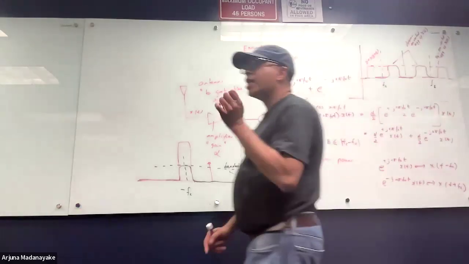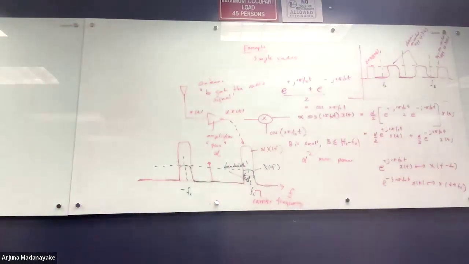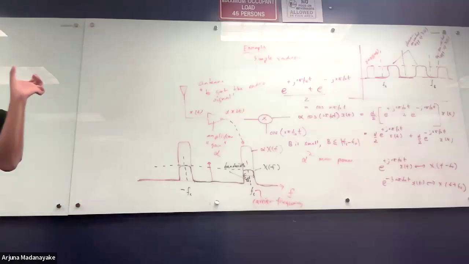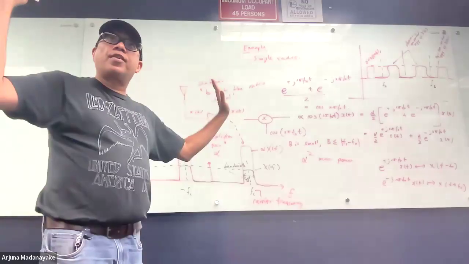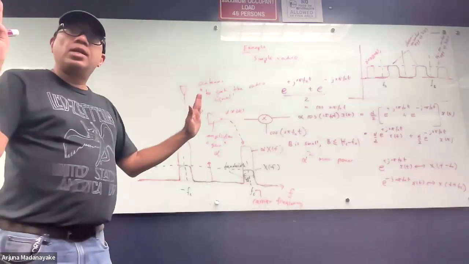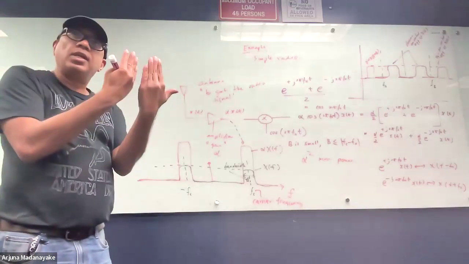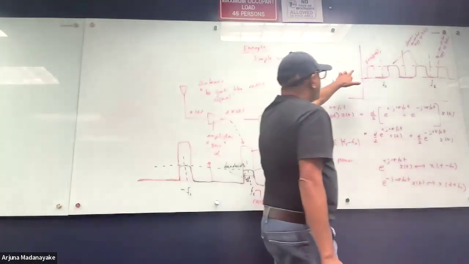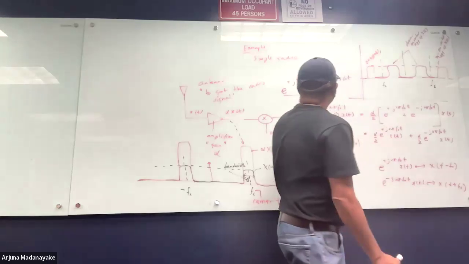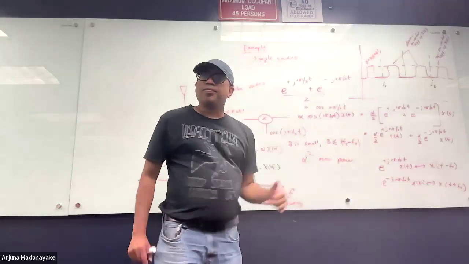So by multiplying by cos, I created two copies of the original spectrum. The first copy is going to a higher frequency, that's called up conversion. The second copy is coming down in frequency, that's called down conversion. And both copies are scaled by half because of the way the cos term is defined in exponentials.